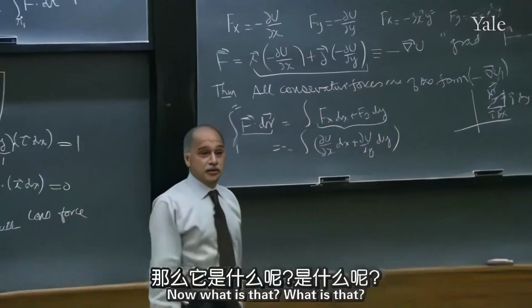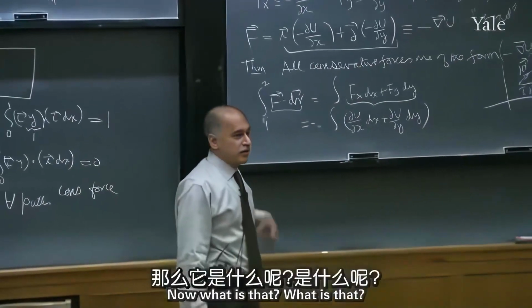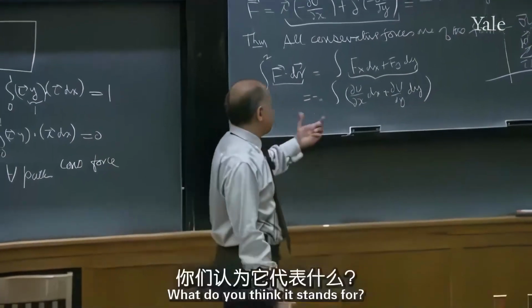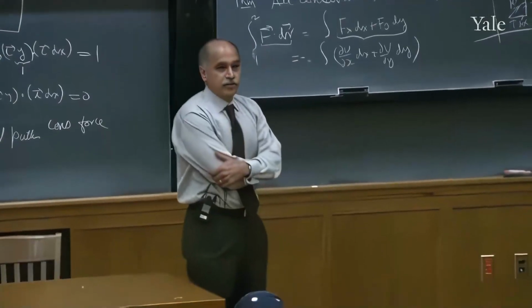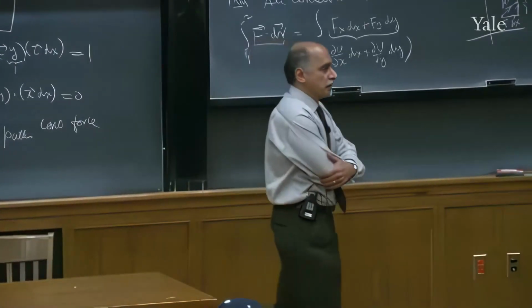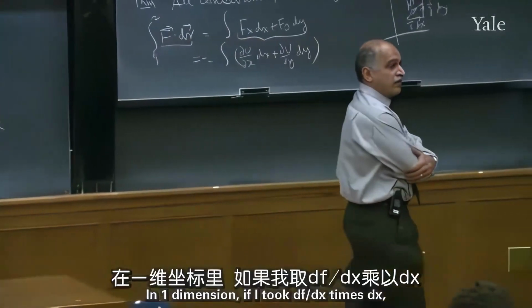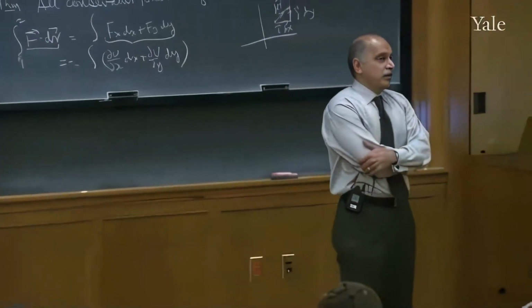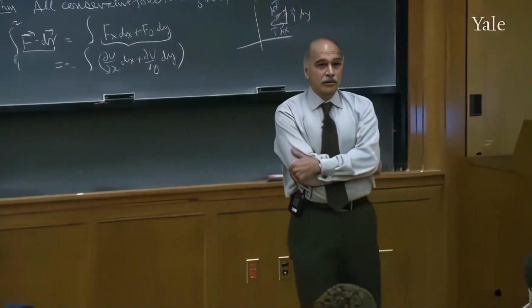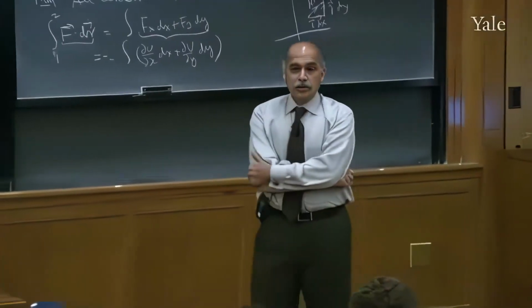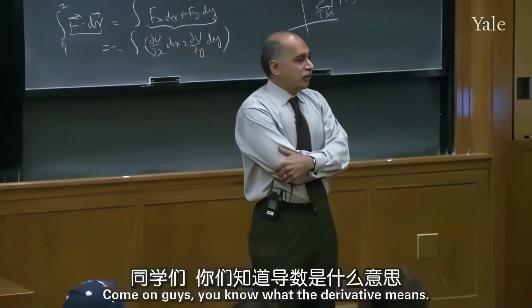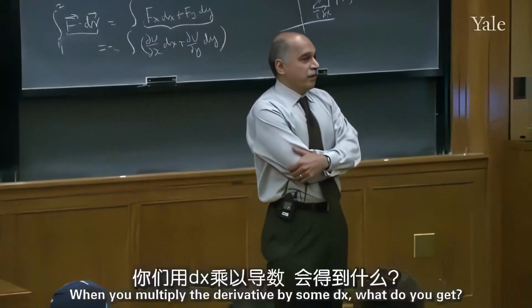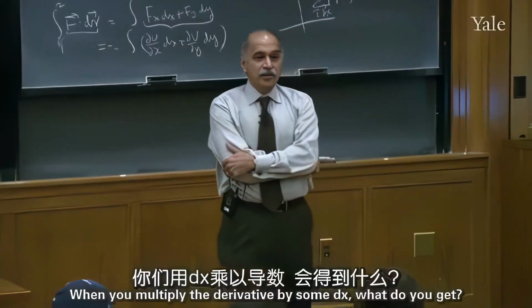Now, what is that? What do you think it stands for? In one dimension, if I took df/dx times dx, what am I calculating? Come on, guys, you know what the derivative means? When you multiply the derivative by some dx, what do you get?